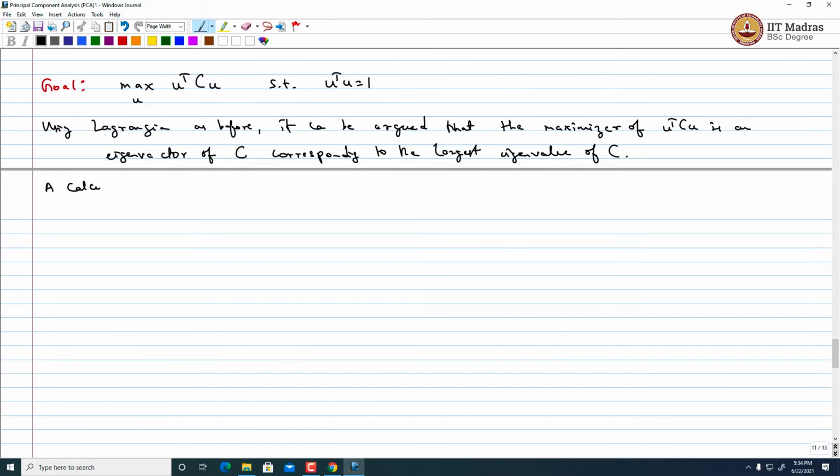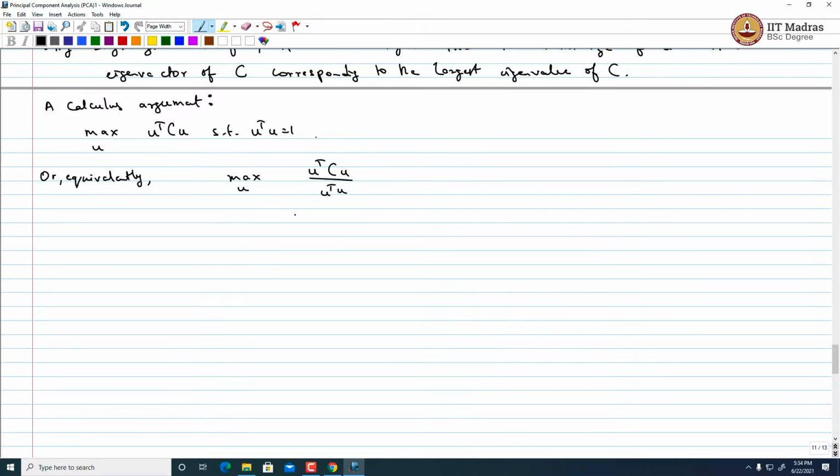Here is a calculus argument for those who are somewhat uncomfortable with the Lagrangian argument. I'm just going to show the same thing can be done using basic calculus. So what you want to do is maximize u transpose Cu such that u transpose u equals 1, or equivalently, maximize over u the ratio u transpose Cu by u transpose u.